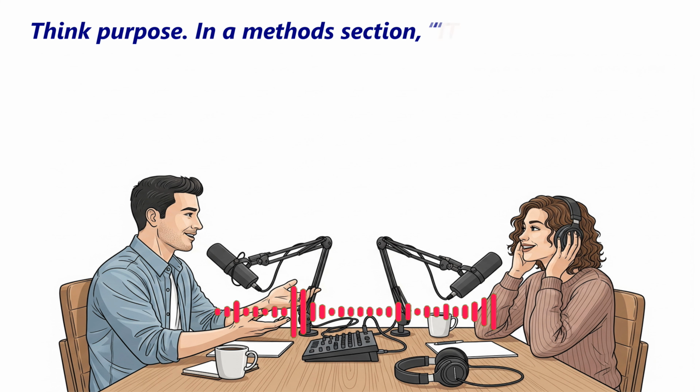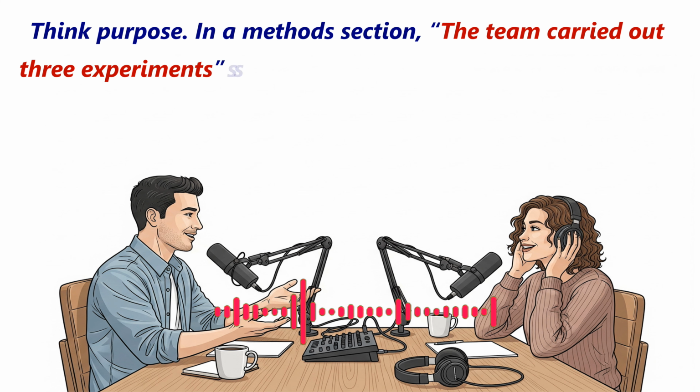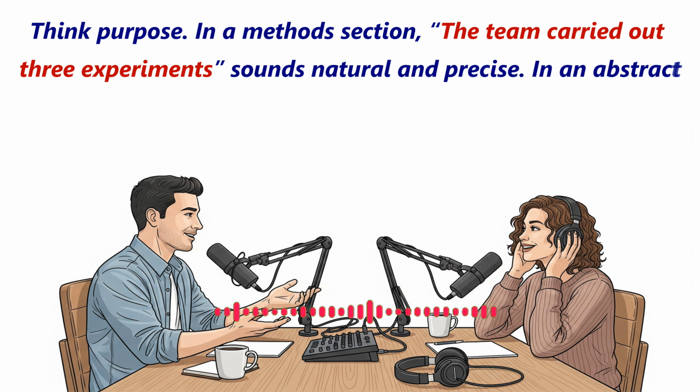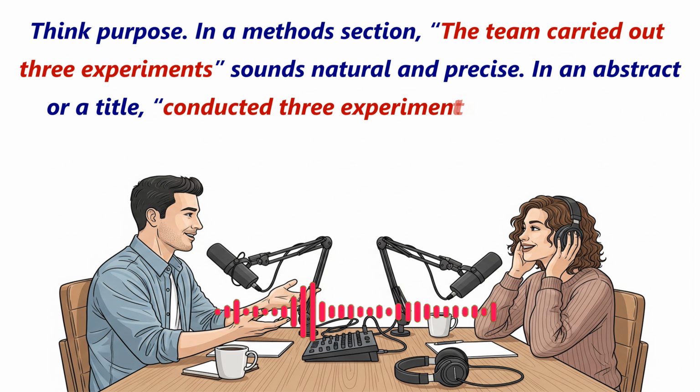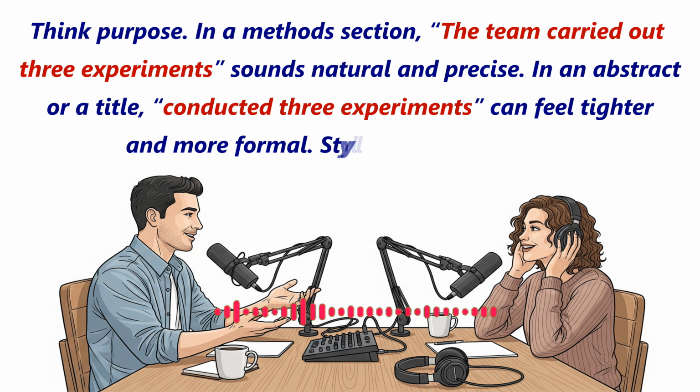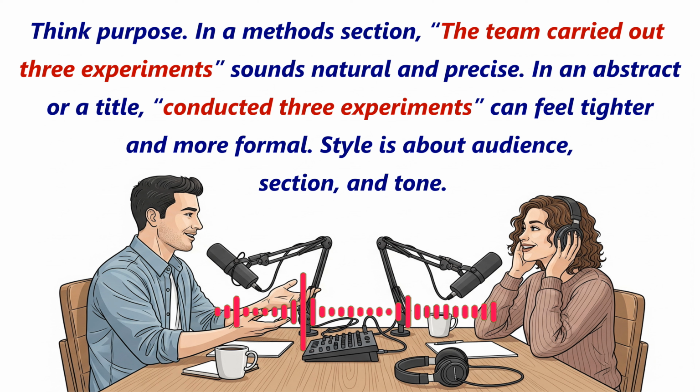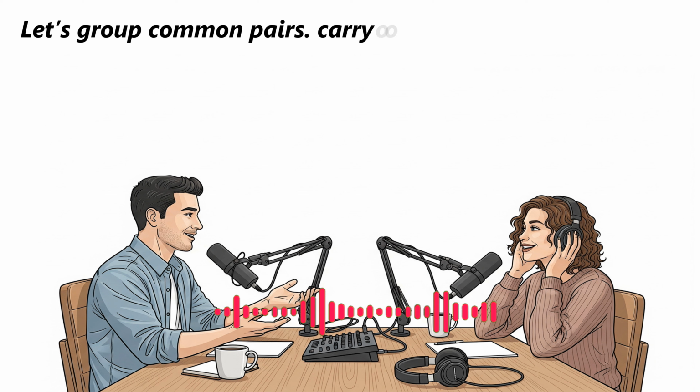Think purpose. In a methods section, "the team carried out 3 experiments" sounds natural and precise. In an abstract or a title, "conducted 3 experiments" can feel tighter and more formal. Style is about audience, section, and tone. Let's group common pairs.